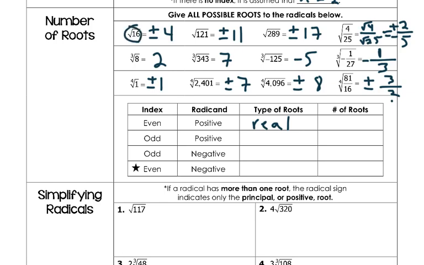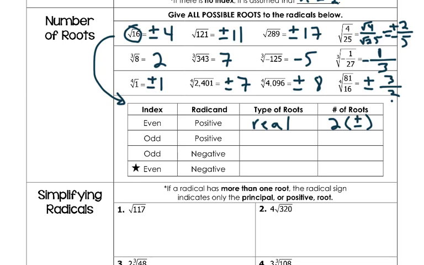We have an even root, a square root with a positive radicand. Positive 16 is inside there. Everybody sees which one I'm talking about. So that falls into this category. So our answer is a real number, 4. And how many are there? Well, remember, it's plus or minus 4 there. So the number of roots we have is 2. One is going to be positive, and one is going to be negative.